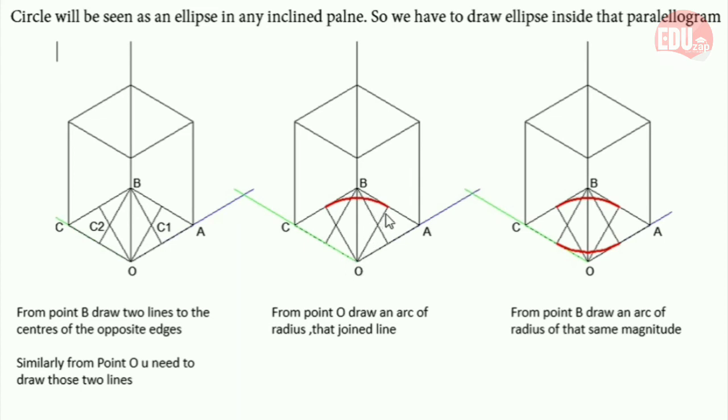If it is not touching here, then you can move the centers slightly towards the right. Otherwise, if it is not touching here, then you can move the centers slightly here. Like that, there are some adjustments. If you draw it accurately, then you don't have to make that kind of adjustment.